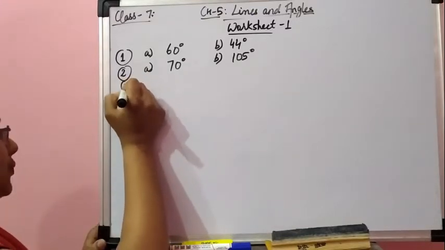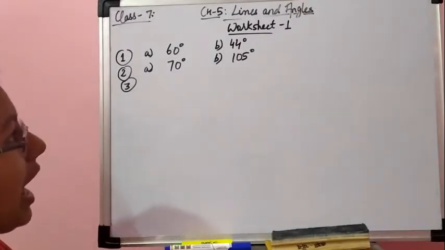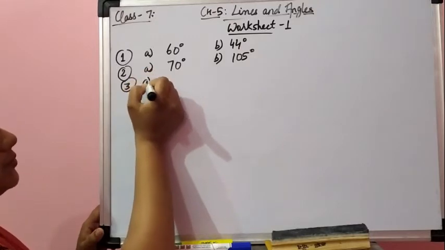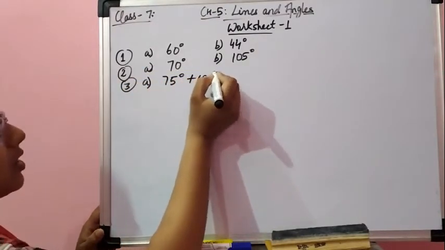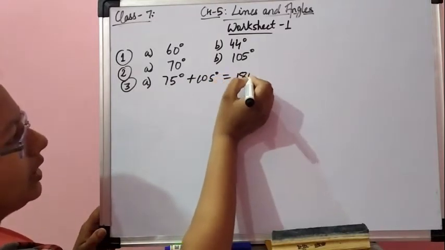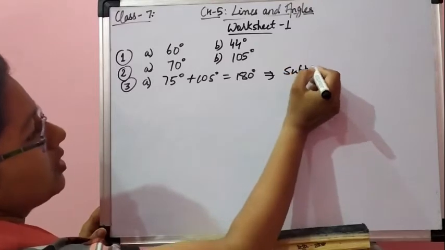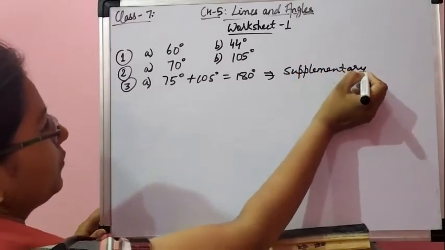Now third is: identify which of the following pairs of angles are complementary and which are supplementary. If I look at the first one, 75 plus 105 is 180, which implies that they are supplementary. In this way you have to do this question.